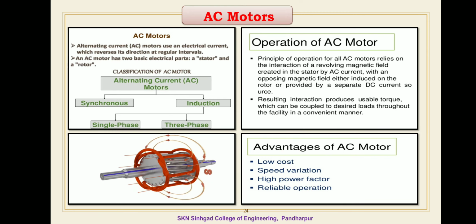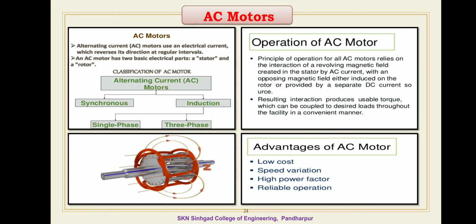And the basic difference between AC motor and DC motor: AC motors, or alternating current motors, use an electric current which reverses its direction at regular intervals, and a DC motor is a device which converts DC electric energy to mechanical energy.